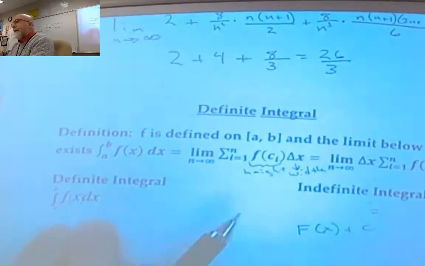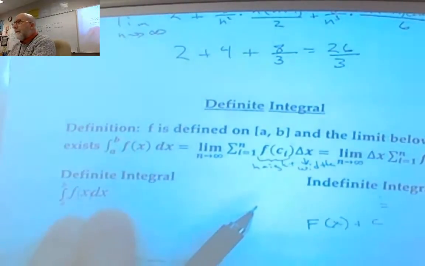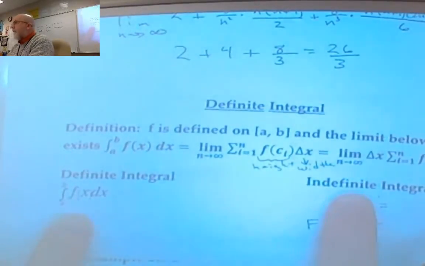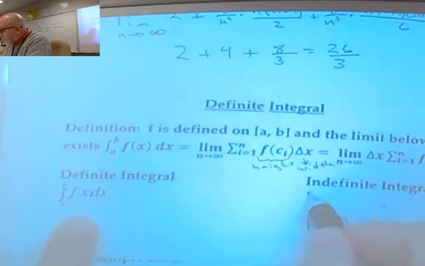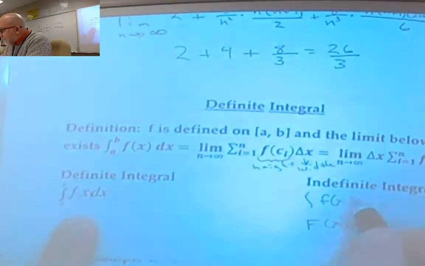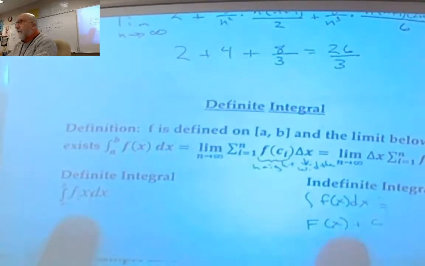It looks a lot like this, doesn't it? Except what? Does anybody know the difference between the indefinite and the definite integral? Okay, Morgan? You don't have an A or a B, so it looks exactly the same. But you are right, it finds the antiderivative and you have to have the plus c, correct?